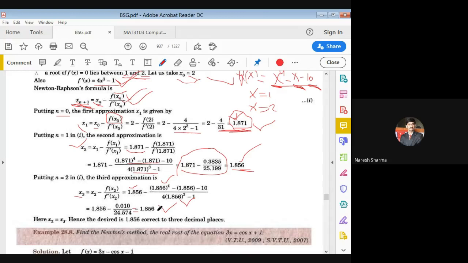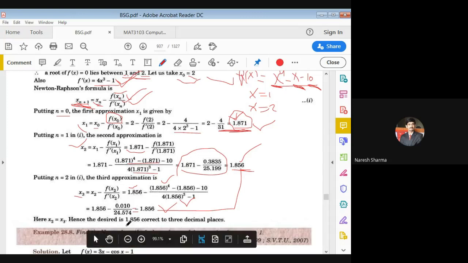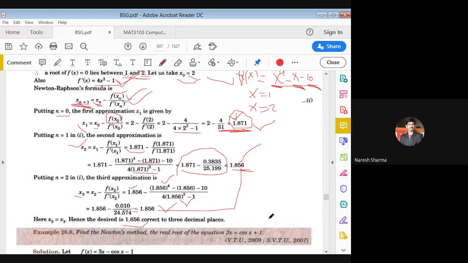So if you see, the last two values are approximately the same. These are the same up to 3 decimal places. Also, you get the solution only in your third approximation.